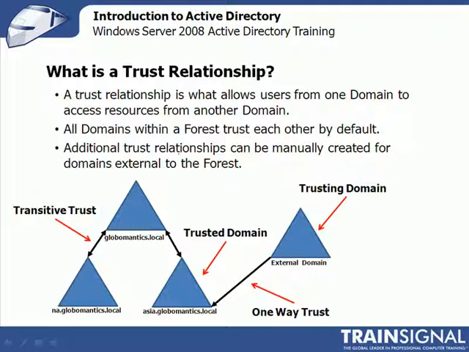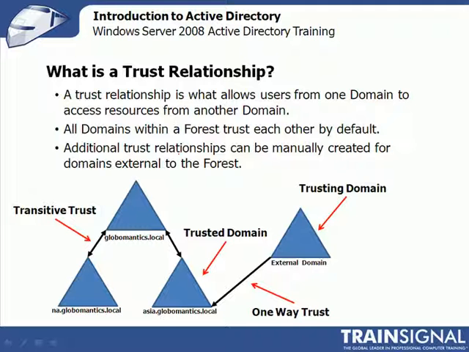All right, now the last thing I want to talk to you about before we wrap this lesson up is this thing called trust and trust relationships. Now, a trust relationship is what allows users from one domain to access resources from another domain.